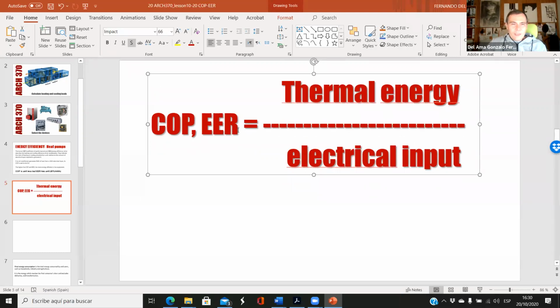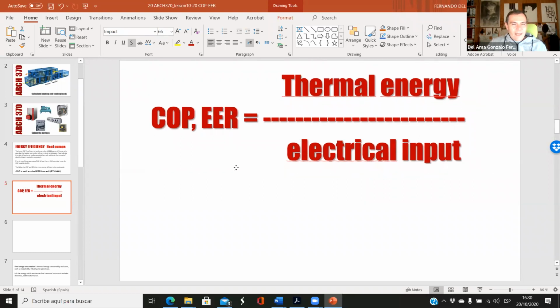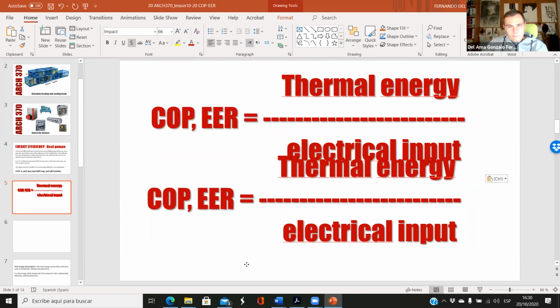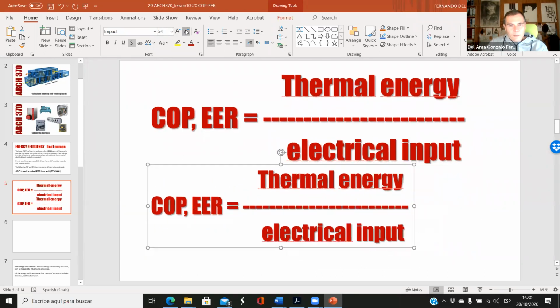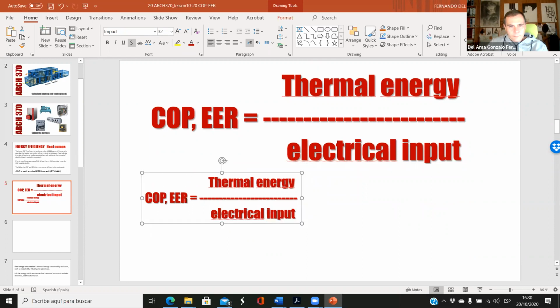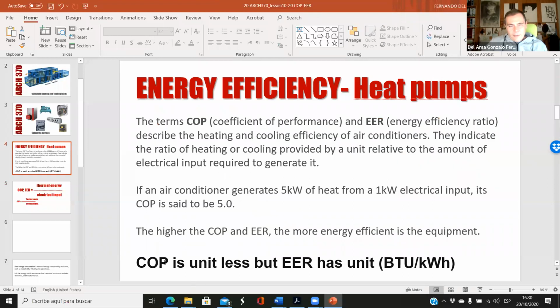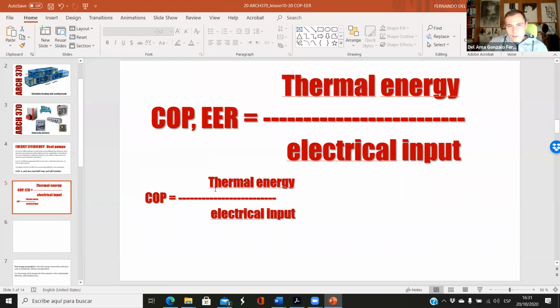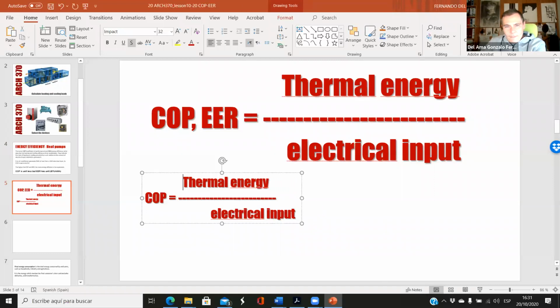Then what's the difference between COP and EER? Well, some people will say that COP is for heating and EER is for cooling. I wouldn't say that. As it's stated here, COP is unitless. It's dimensionless, so we don't have units for the COP.